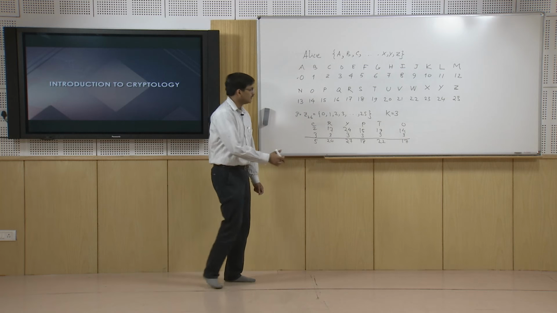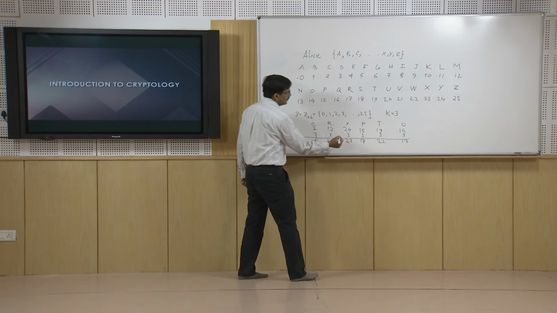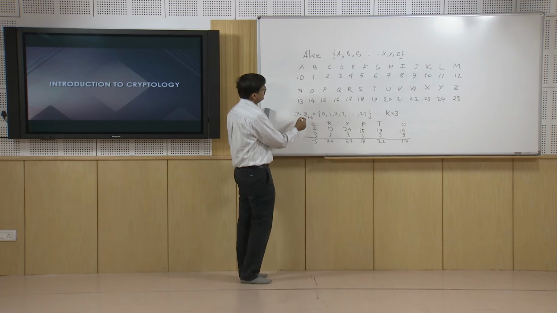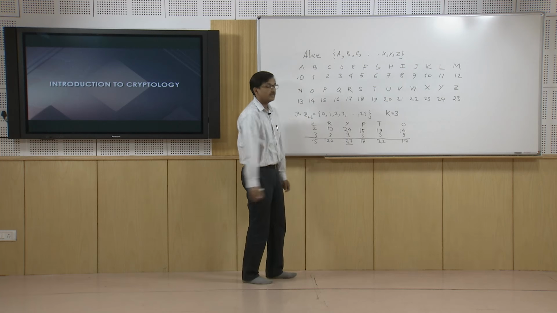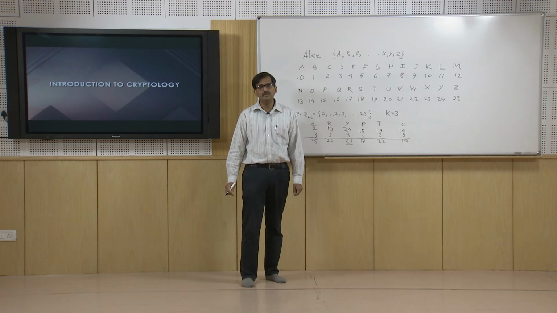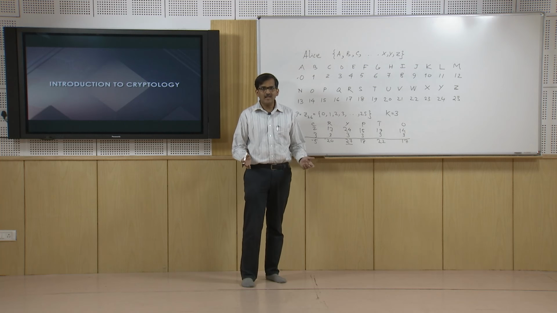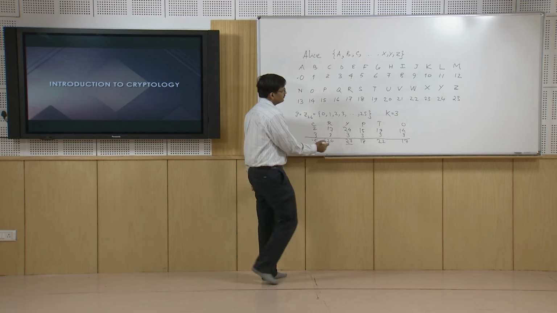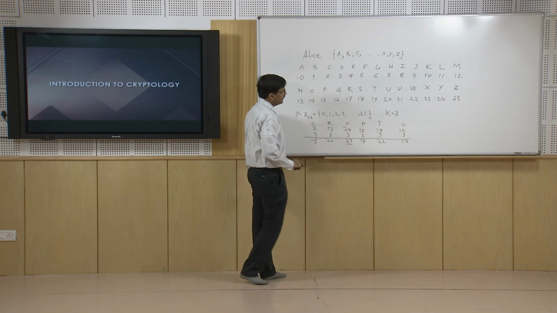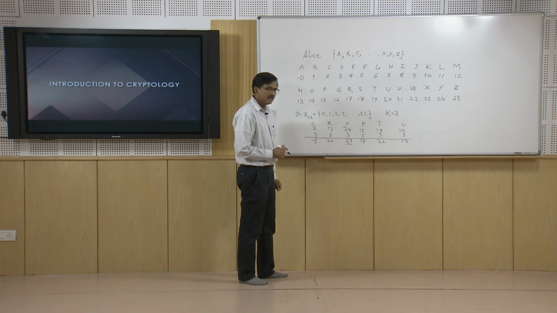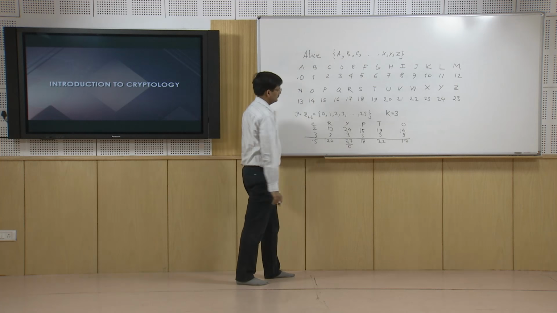Now, see that all these numbers are within Z26 except for this 27. The question is, what to do with this 27? What Alice does is she divides 27 by 26 and then takes the remainder, which is equal to 1.